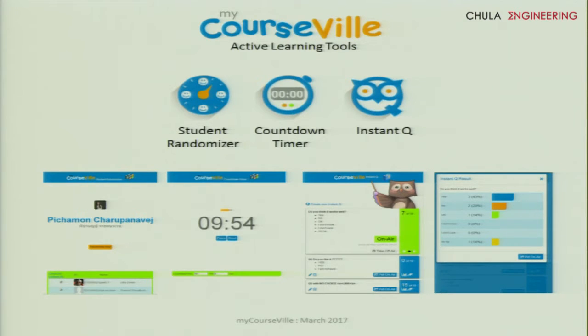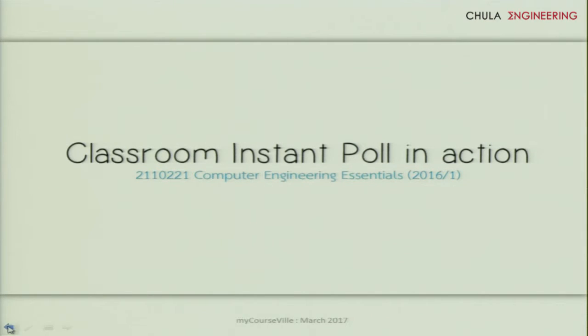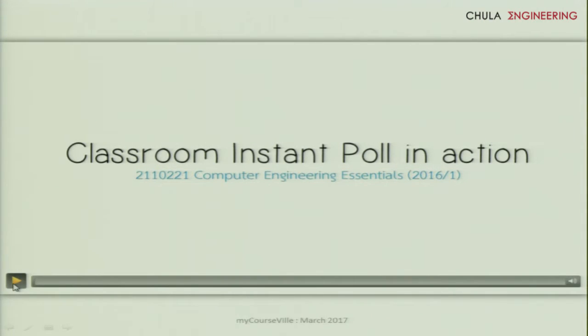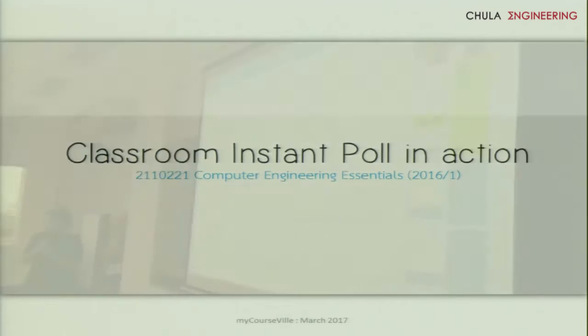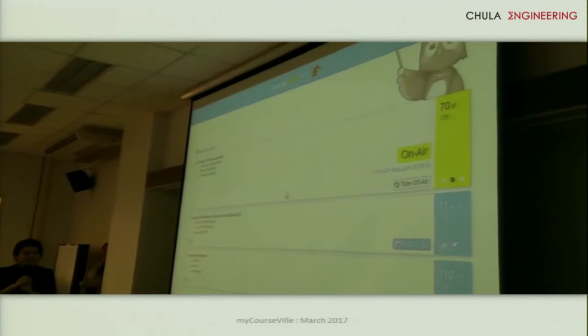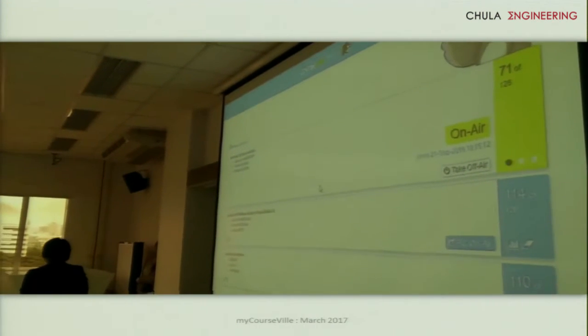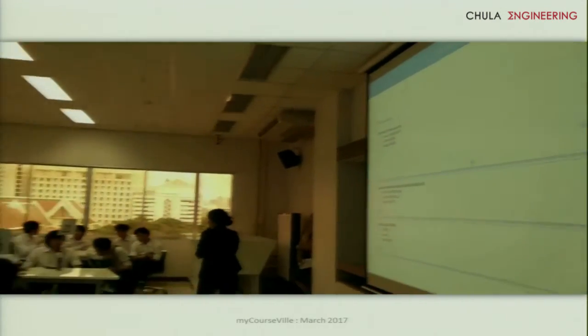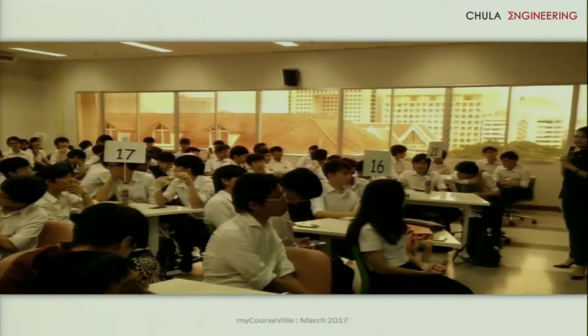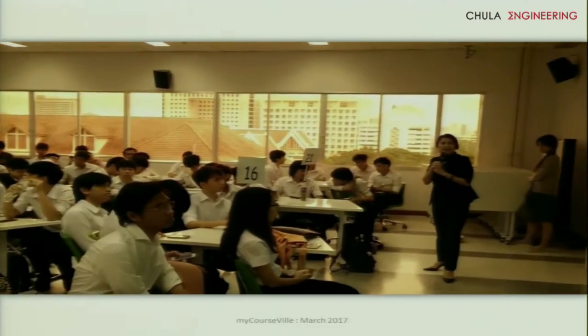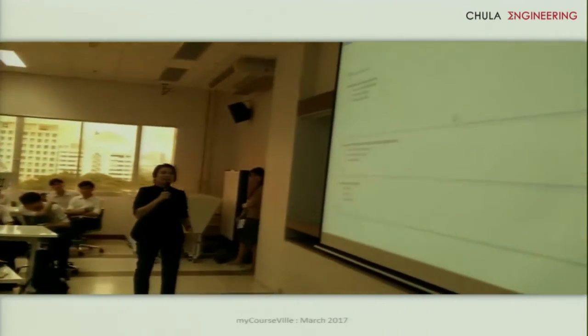Then we have active learning tools, something like a clicker. This is an example from a class where I invited a speaker. So this poll gets broadcast to student devices. Students will use their smartphones, and the survey is already on their smartphones.